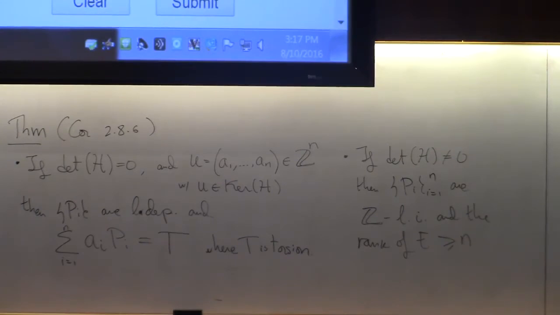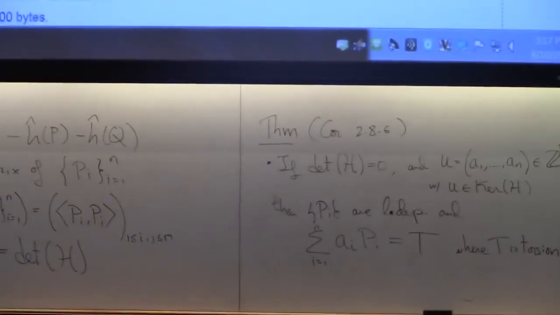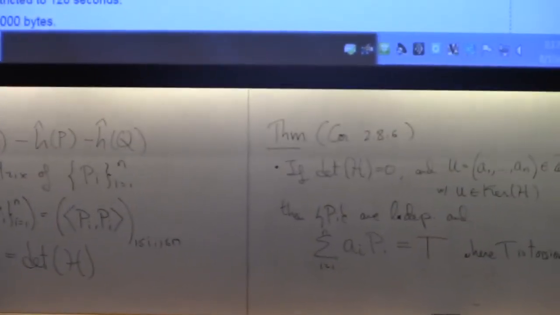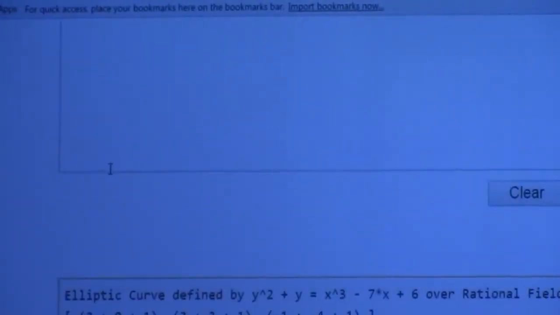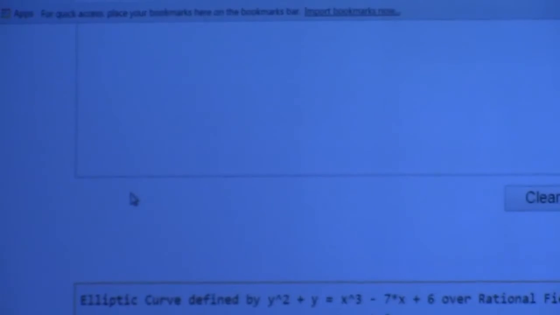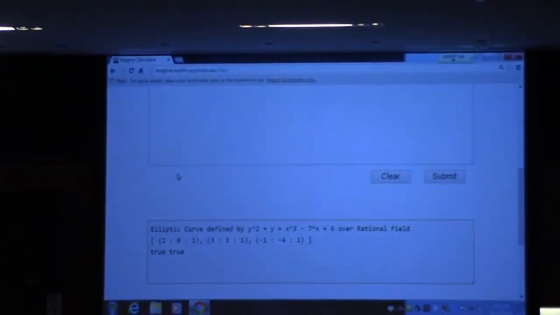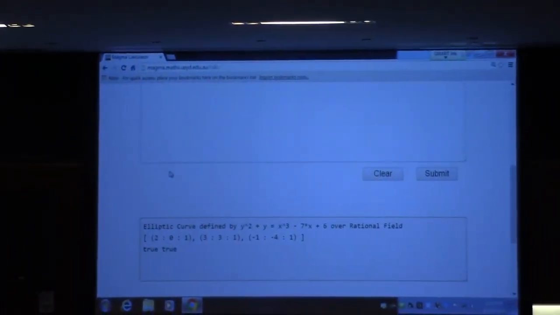Okay? So let me see how this works in practice. So here is the elliptic curve 5077a1. I already compiled that. It showed me the curve. I asked for E so I can see the curve. I asked for the generators of E. You don't have to do this bizarre 0.0 thing that Sage makes you do.